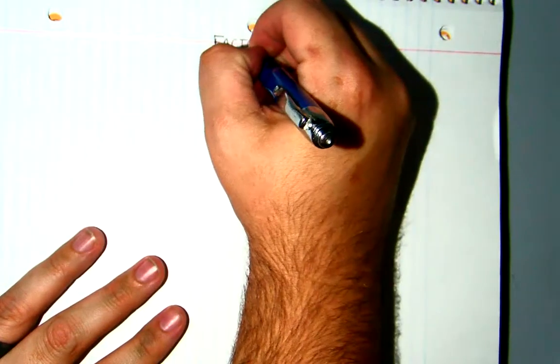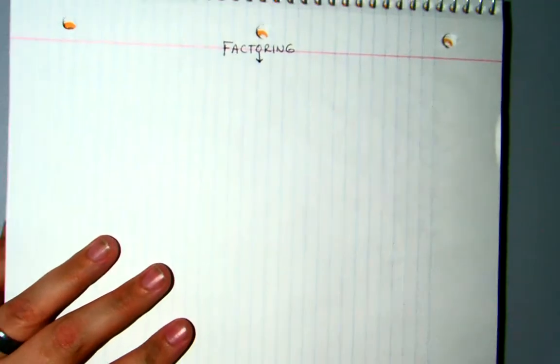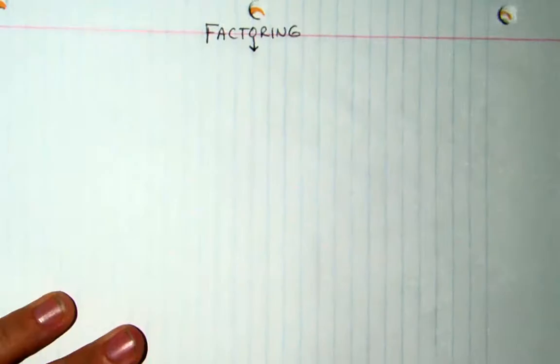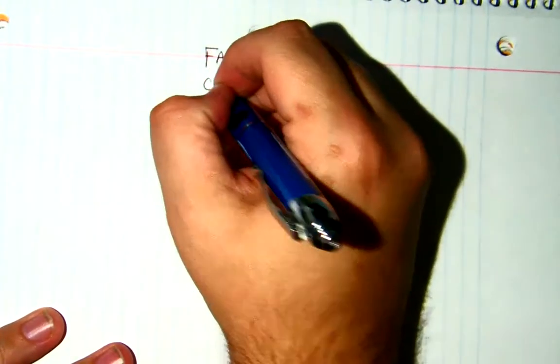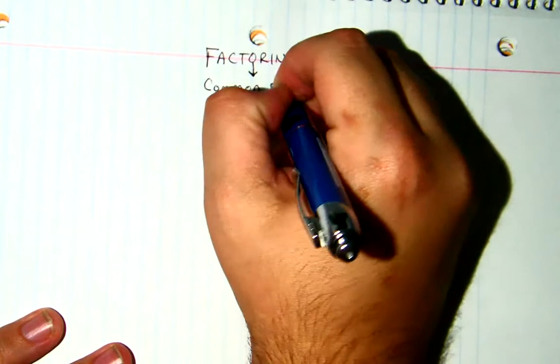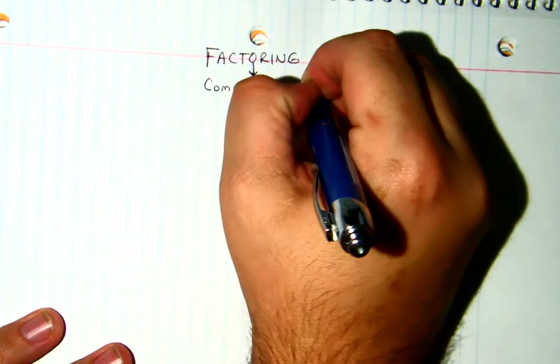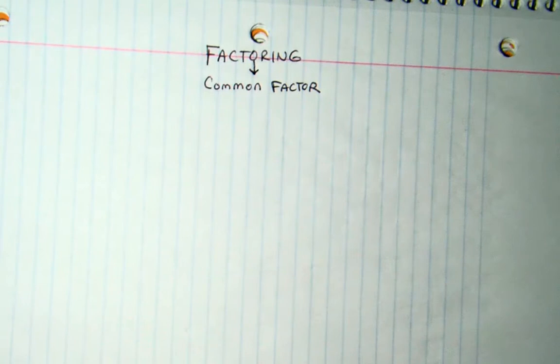Now, the first thing you want to always do when you're factoring is factor out a common factor if possible. That's the first thing you always do. You look for the common factor.